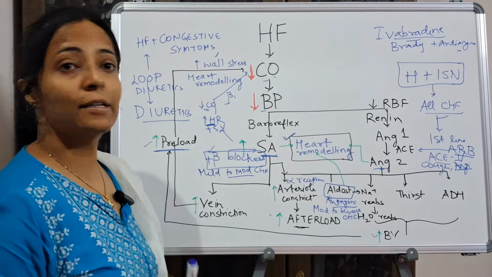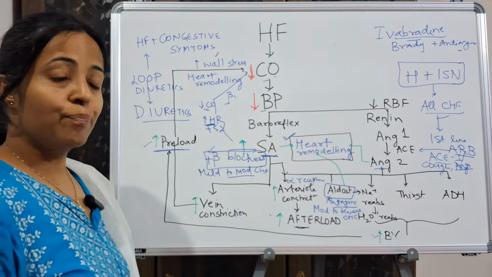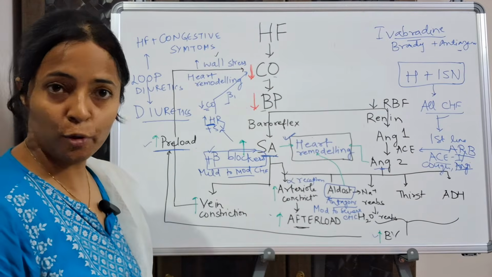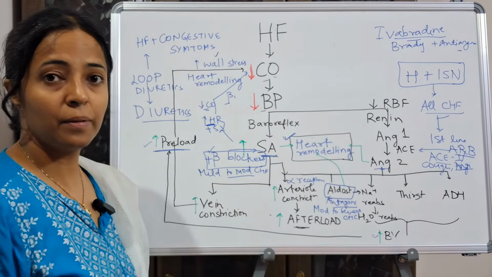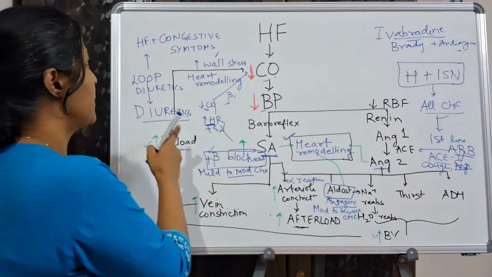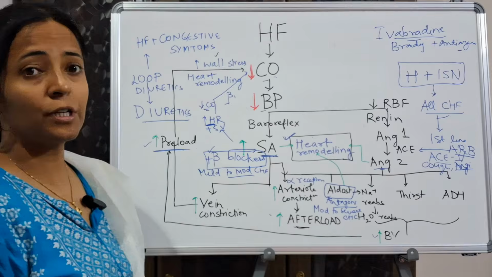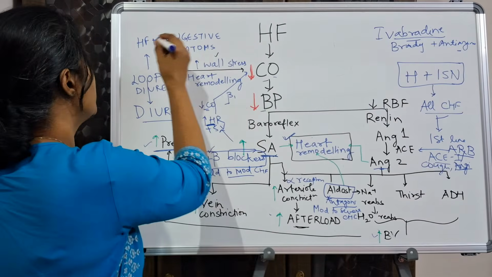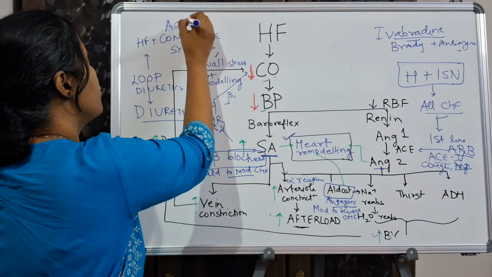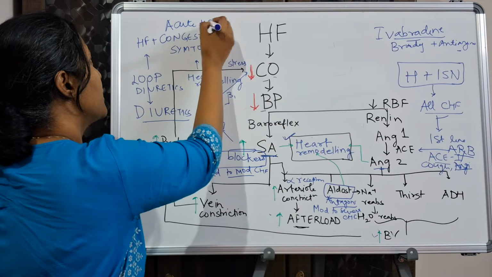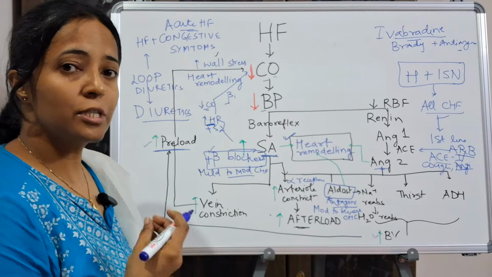So in that case we give these diuretics. Normally, if the person is not symptomatic, then these diuretics are not recommended. Please remember. They are used only in presence of congestive symptoms in heart failure or acute heart failure, because acute heart failure means it will fail suddenly and there will be development of pulmonary congestive symptoms.